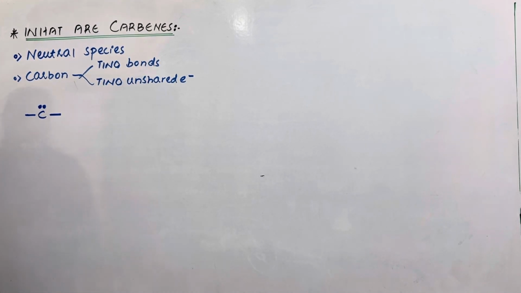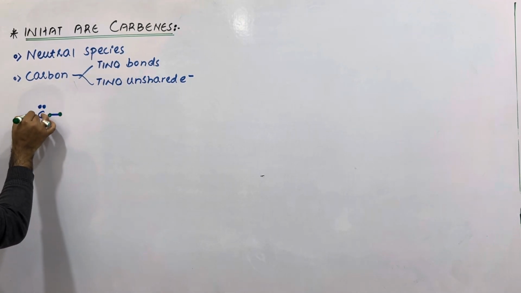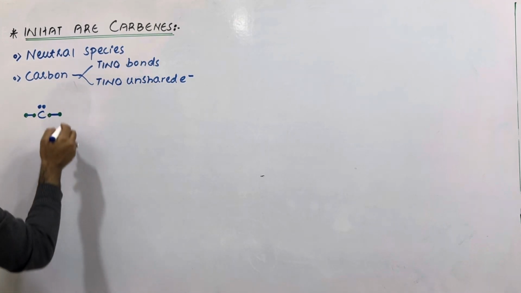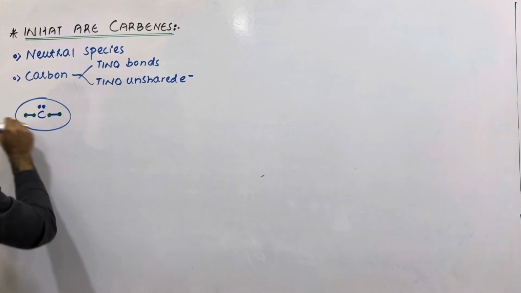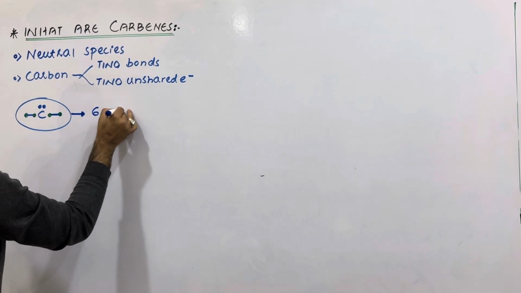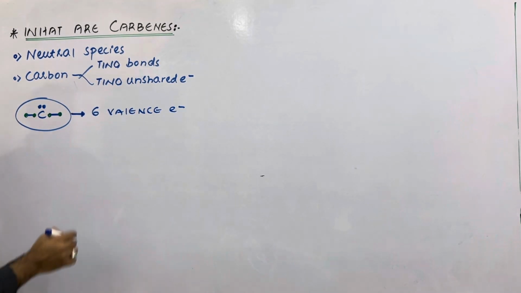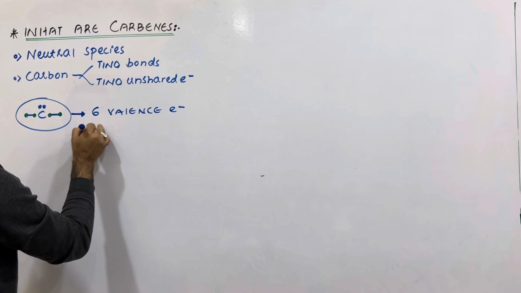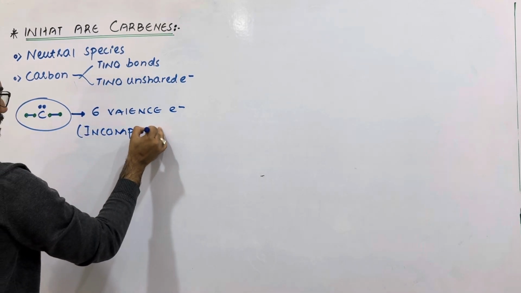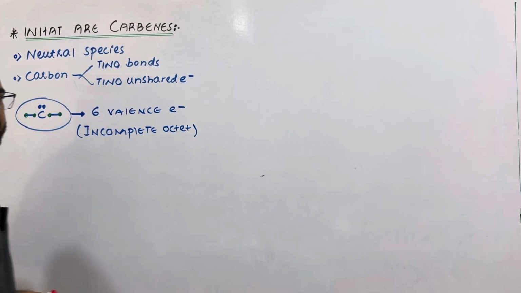So the total number of electrons in the valence shell of the carbon will be, there are two bond pairs and there are two unshared electrons. So it has a total of 6 valence electrons. It means its octet is not completed.